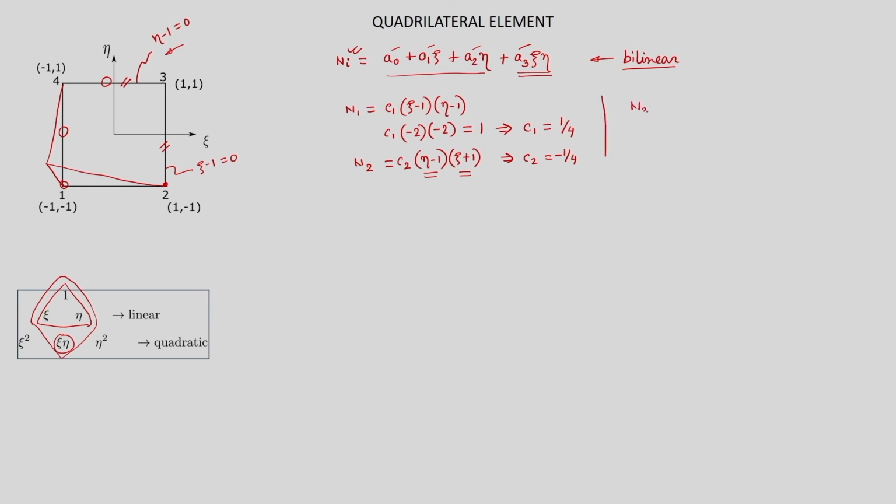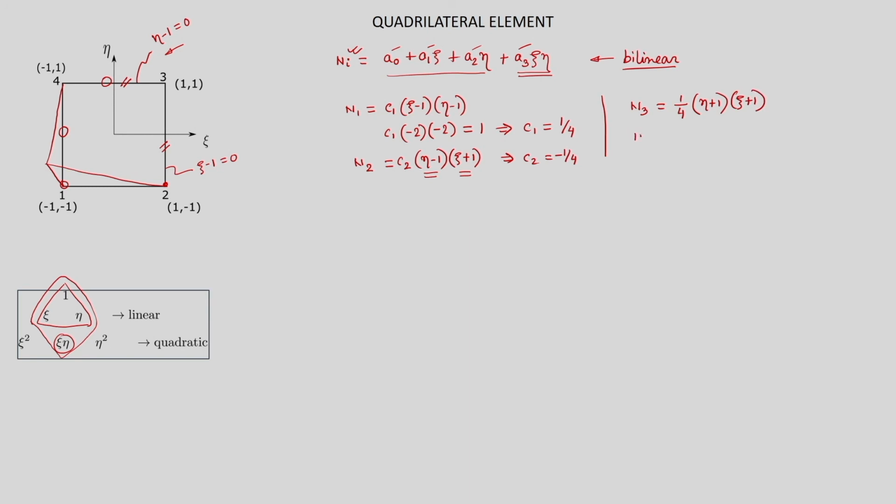For N3, the coefficient will be the same, and N3 has to vanish along eta equal to minus 1, so eta plus 1 equal to 0, and along xi equal to minus 1, so xi plus 1.